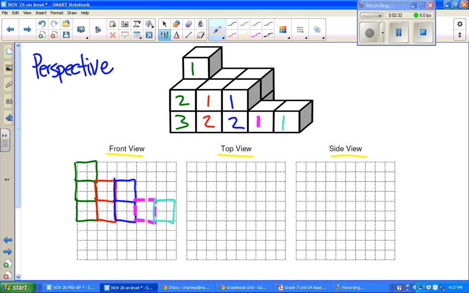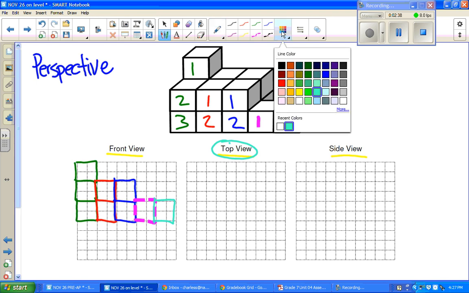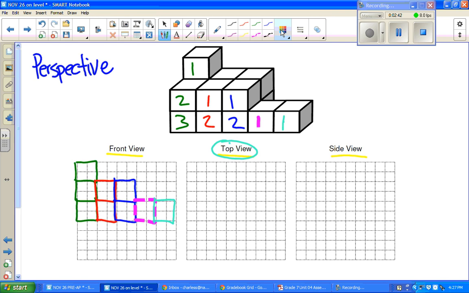So imagine yourself hovering over the top of this 3D figure, and what do you see? So from the top, starting on the left-hand side, we have 1, 2.